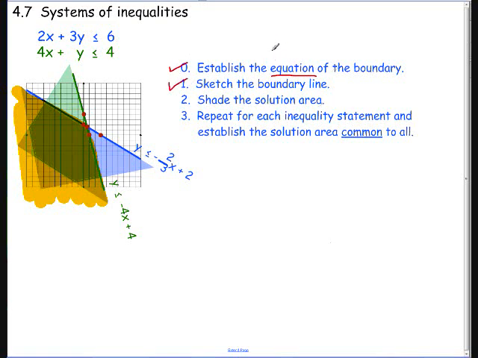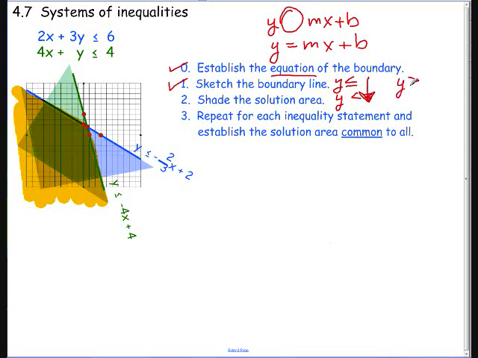If you have established this equation in terms of y equals mx plus b, and you have expressed your inequality, whatever it is, in this same form, then when you shade the solution space, you will know if it's y less than or y less than or equal to that you're going to shade under.